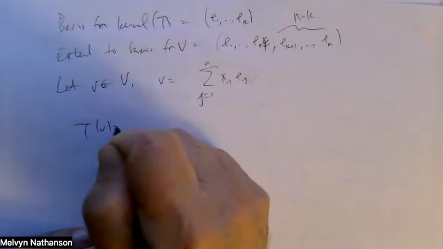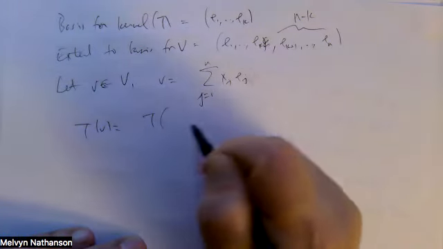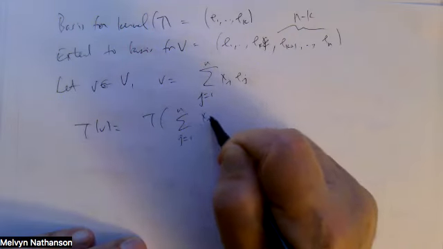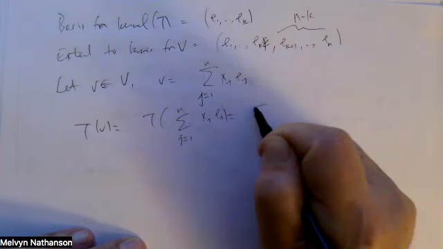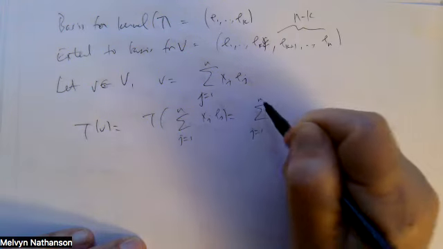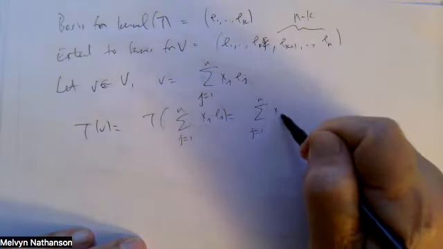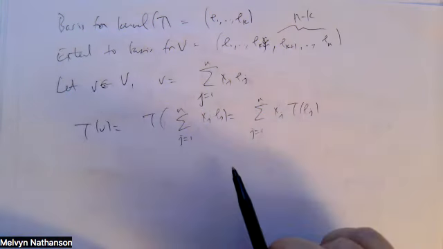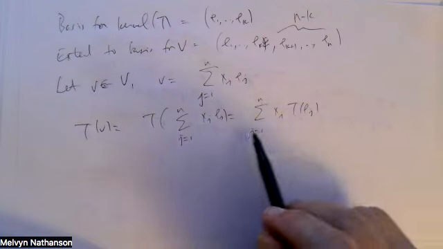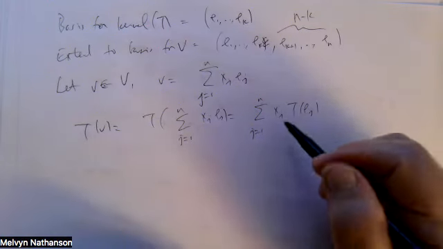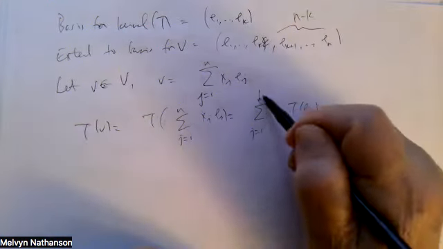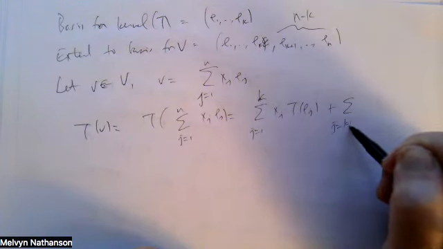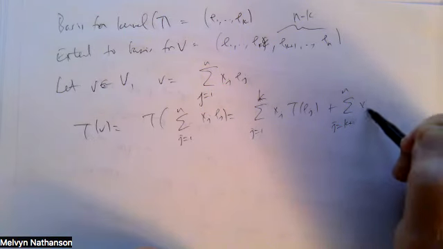So T of v is T of summation j goes from 1 to n, xj ej, which is summation j goes from 1 to n, xj T of ej, because T is a linear transformation. And I can write this as a sum of two sets of vectors: the vectors from 1 to k, plus the vectors from k plus 1 up to n.